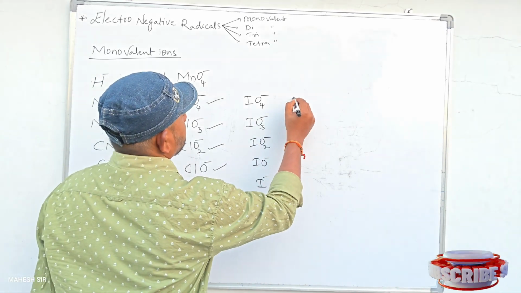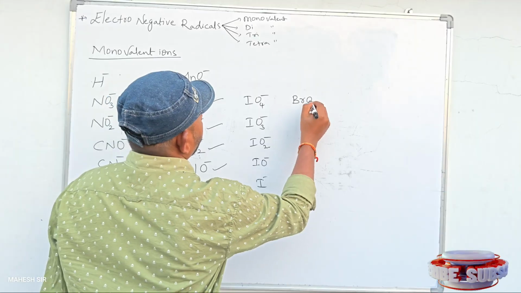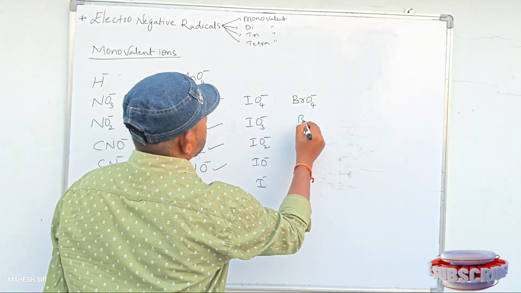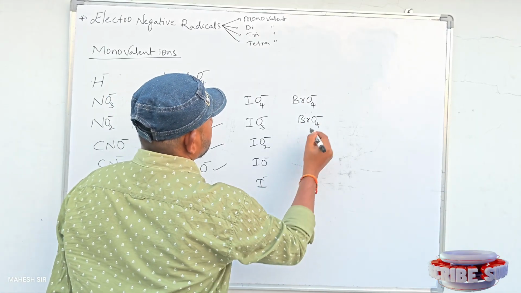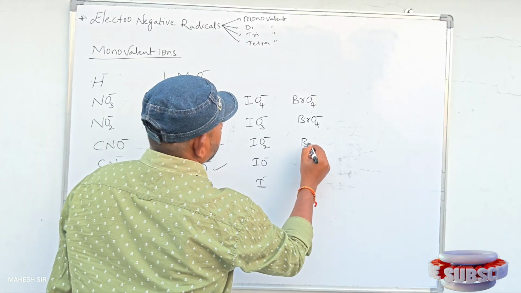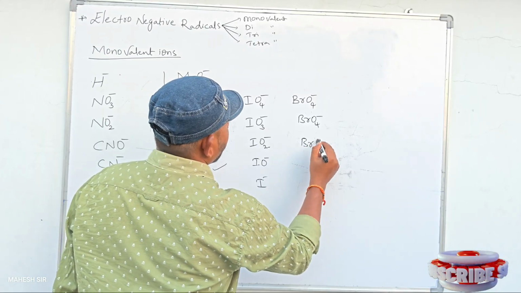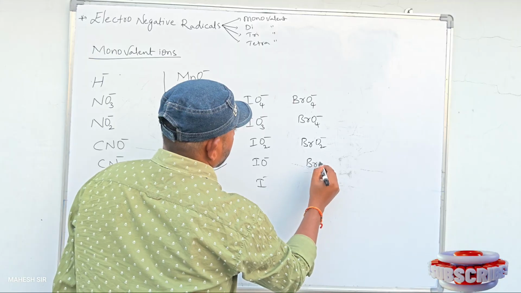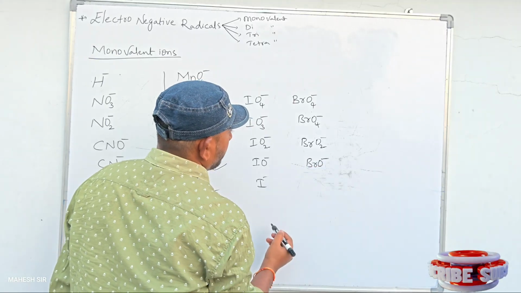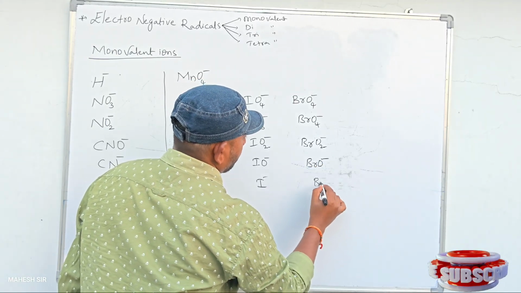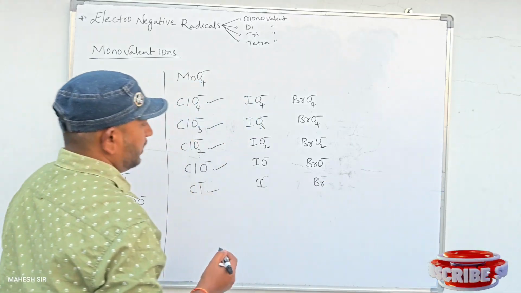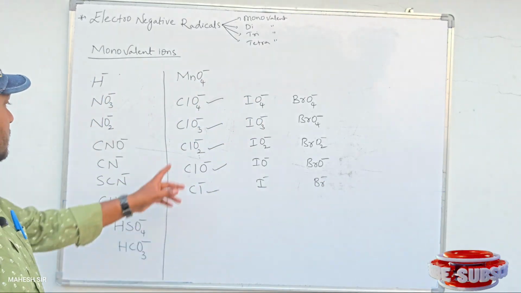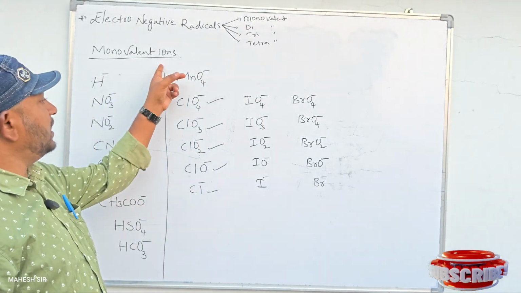The same as it is: perbromate, bromate, bromite, hypobromite, bromide. Okay, so these are the monovalent ions.